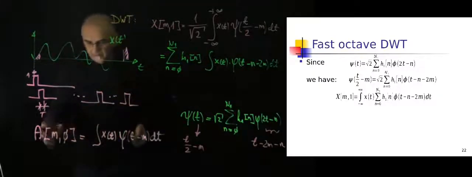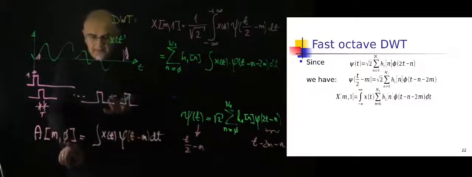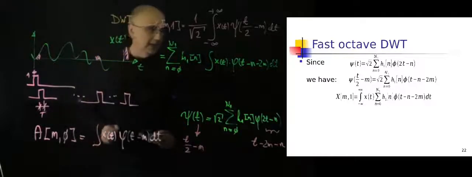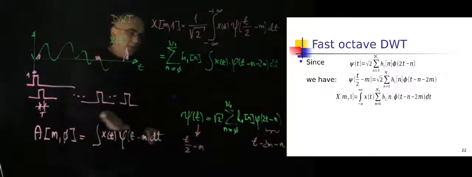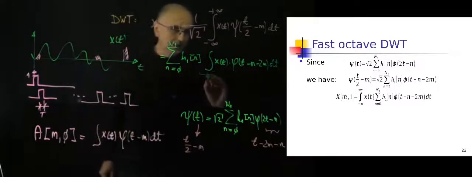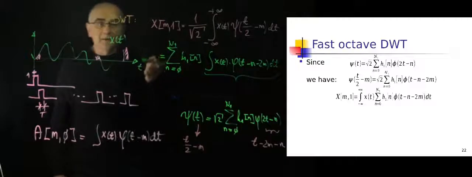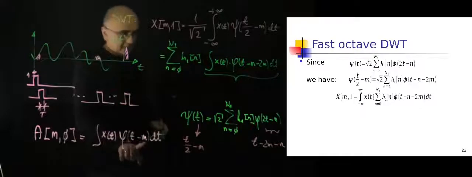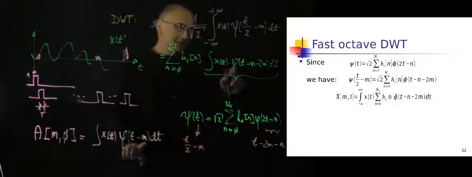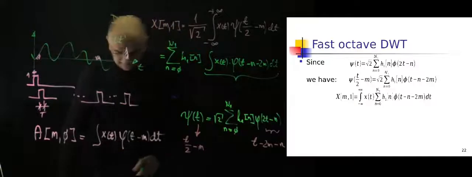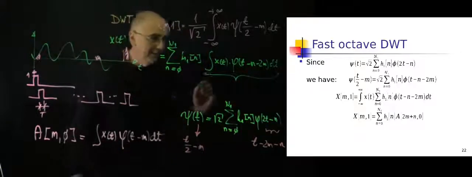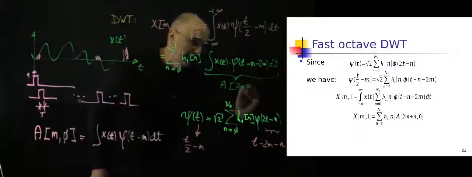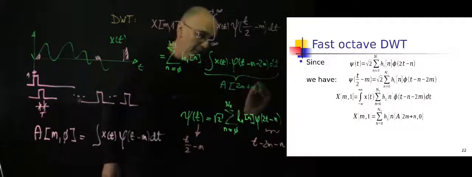We call them approximation coefficients at the level 0. They came from the sensor itself or from some very simple hardware. And the only thing we have to do is write it down. So these are actually already calculated approximation coefficients, not at the places m, but at the places a, 2m plus n at the level 0.